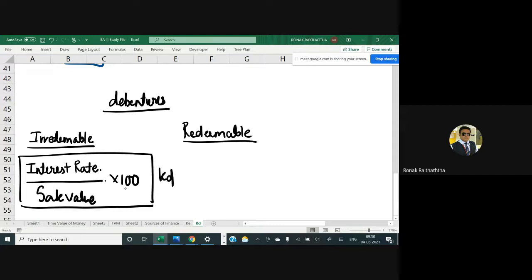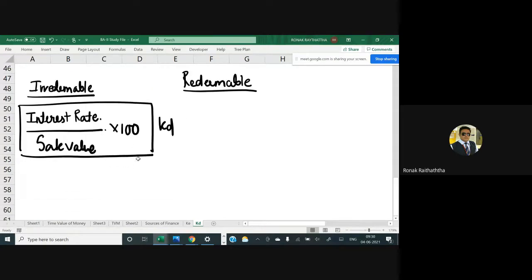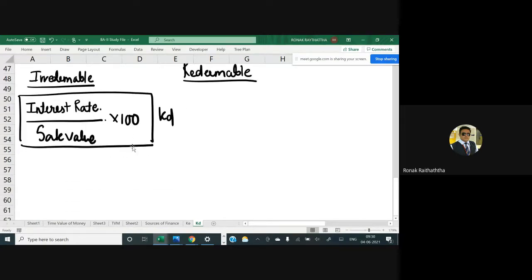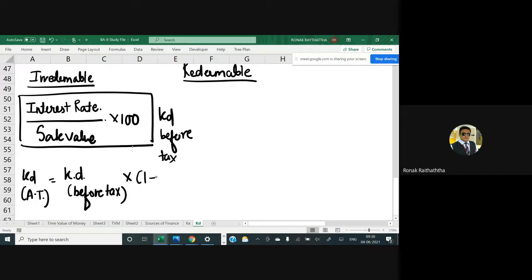Now that is before tax. Every one of you will please write this. In case of KD before, this is before tax, I'm writing it. Then KD after tax would be KD before tax multiplied by 1 minus tax rate.